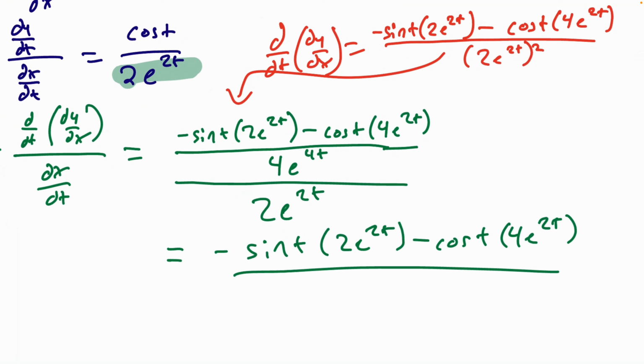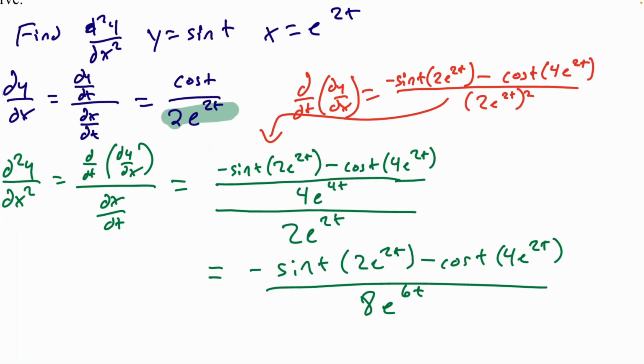And then all over 2 times 4 is 8. e to the 4t times e to the 2t, you add your exponents, e to the 6t. And so there we go. That is the second derivative of these parametric equations, y equals sine t and x equals e to the 2t. The idea isn't difficult, and it's just doing a lot of derivatives that you've done for a while, but it gets messy. Putting together like terms gets messy and that kind of thing.